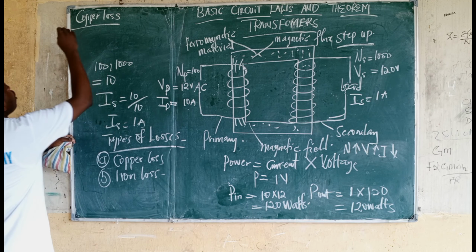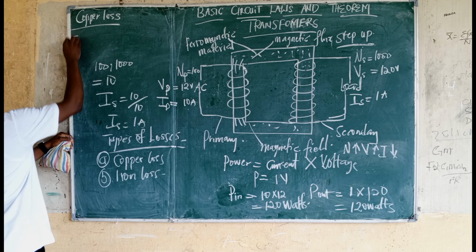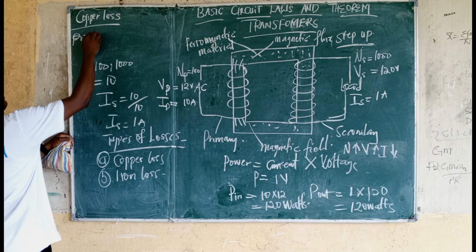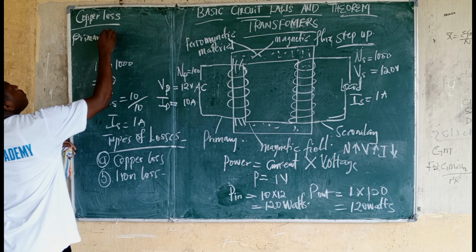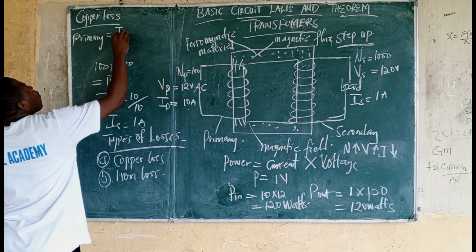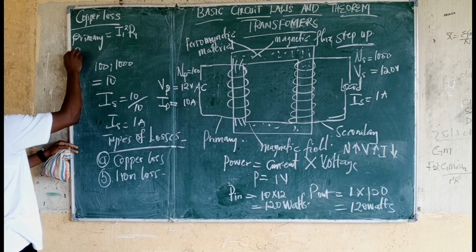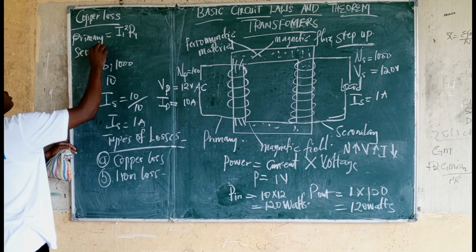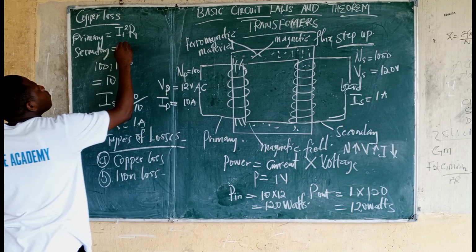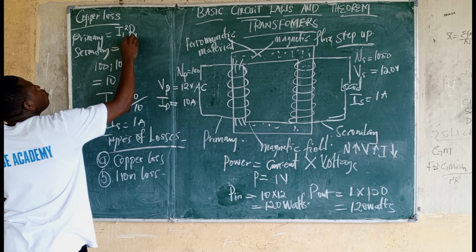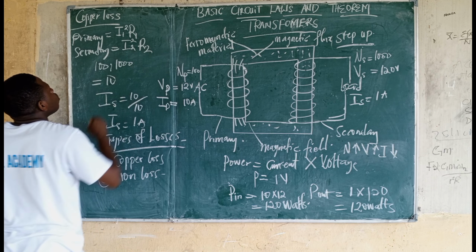So to do that, your equation is given by, for your primary, you simply have I1 square R1. While for your secondary, you simply have I2 square R2.